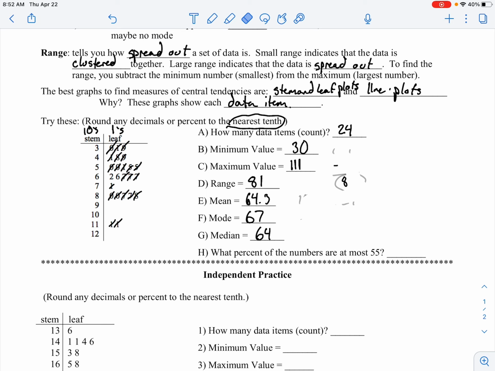All right, so not that complicated, but we just got to understand stem and leaf plots, and then sometimes we'll have quite a bit of adding to do when we are finding these things. All right, and finally our last question here is, what percent of the numbers are at most 55? So that means this is the biggest number I'm going to go to, and at most means 55 or less.